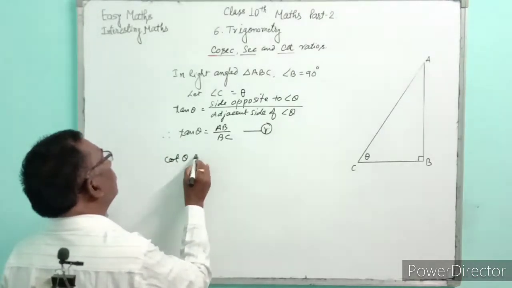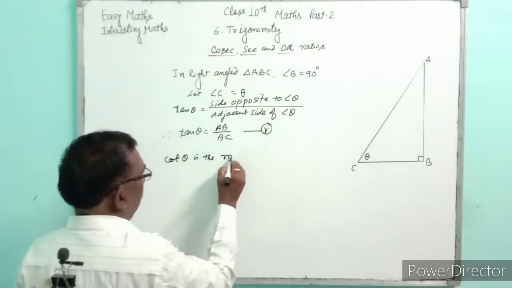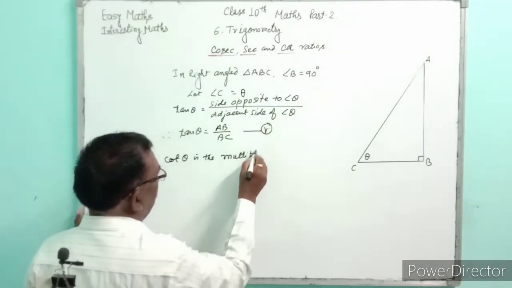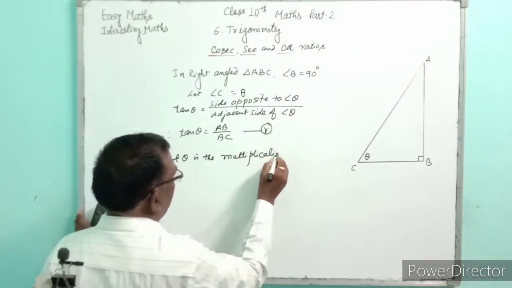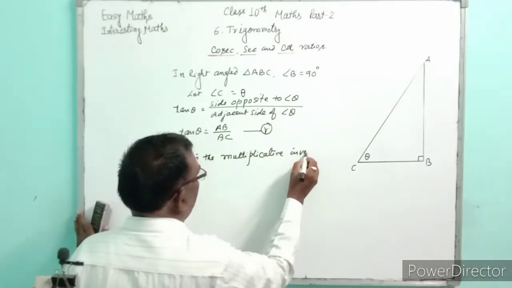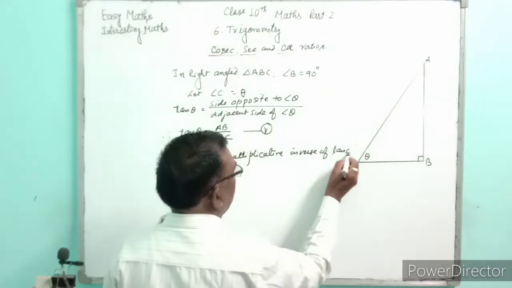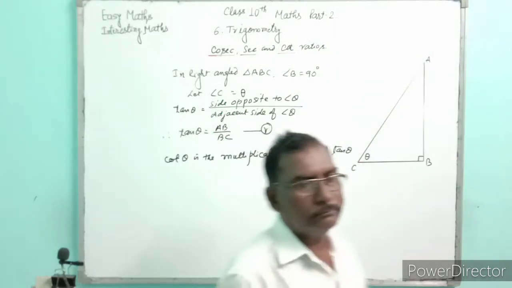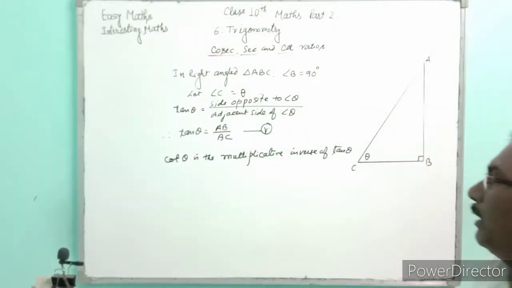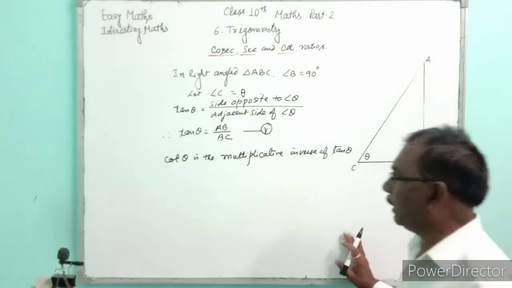Now, cot theta is the multiplicative inverse of tan theta.